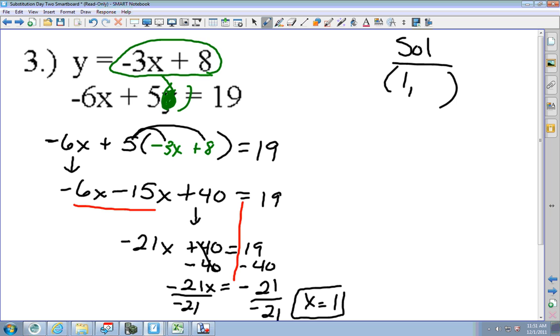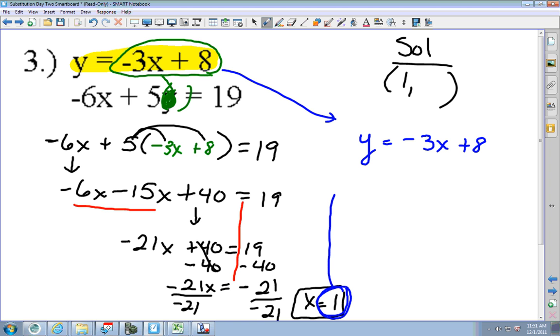It doesn't matter which one, but I normally choose the one that's already written in y equals form. So I'm going to bring it over here and I get y equals negative 3x plus 8. X is 1, so I'm going to put this in for x.